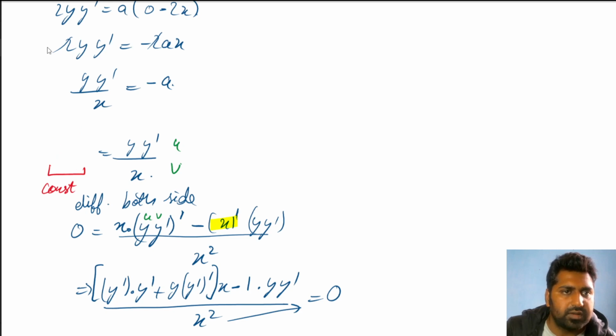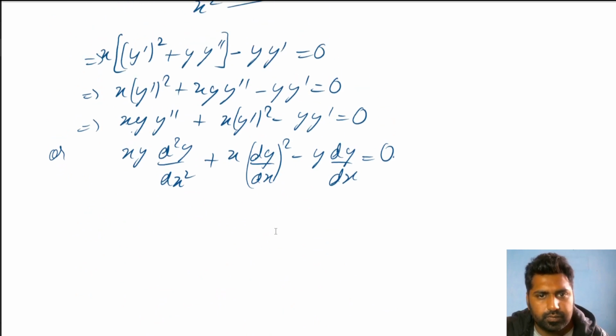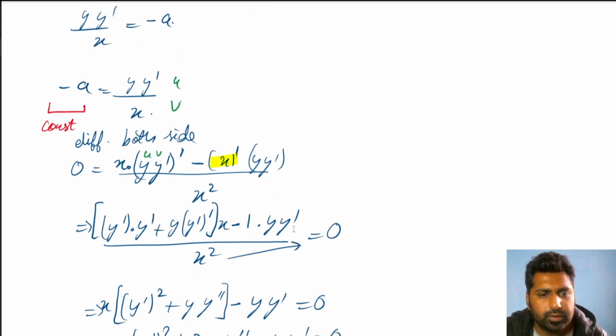Instead of minus b square by a square, now you have minus a, so the differentiation is still the same, and you'll get the same equation as your answer: x y y double dash plus x y dash whole square minus y dash equal to 0. So no point in solving the same thing over again. Be very careful with the uv rule.